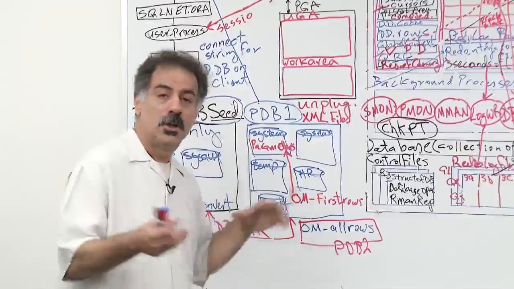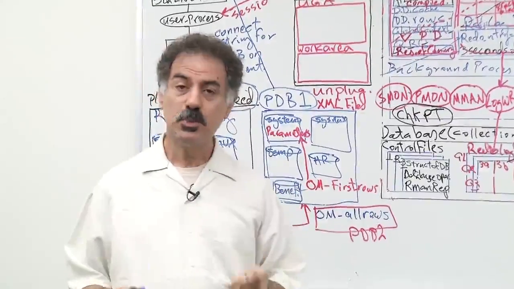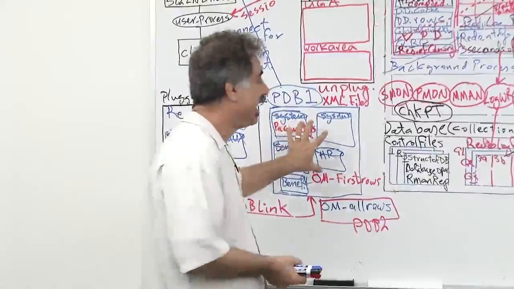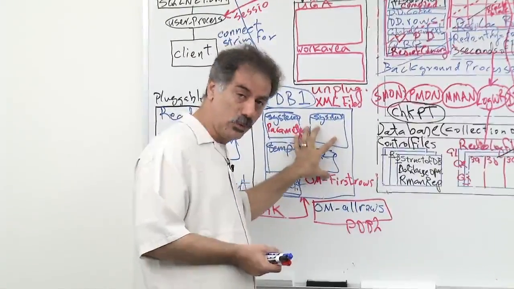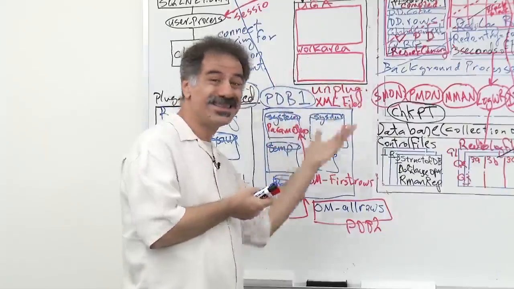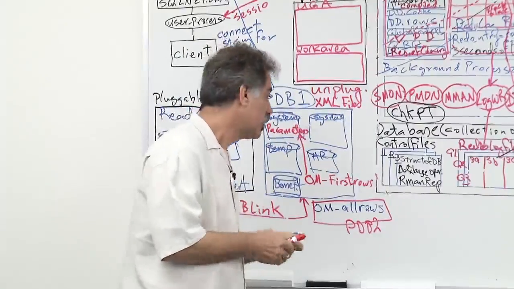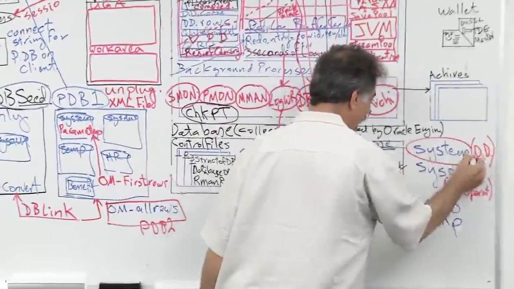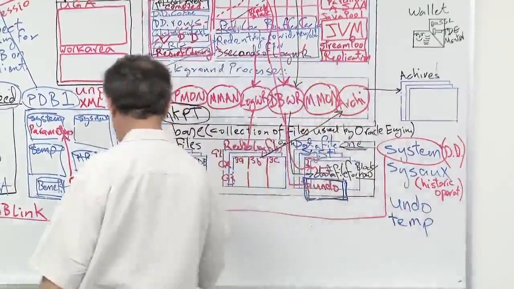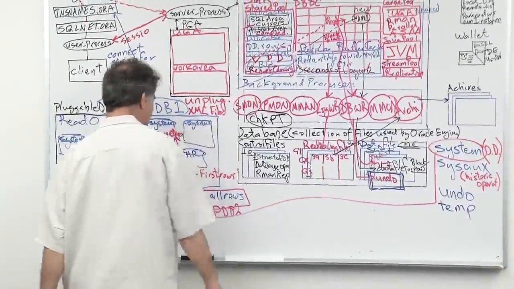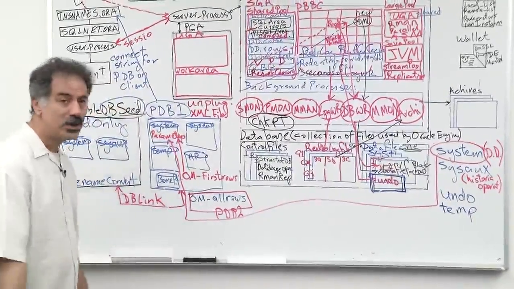Since both configurations can be supported, if you are using management at the PDB level, there is still some management required at the CDB level, because there are dependencies between the system file of the PDB and the system file of the CDB, of the container.